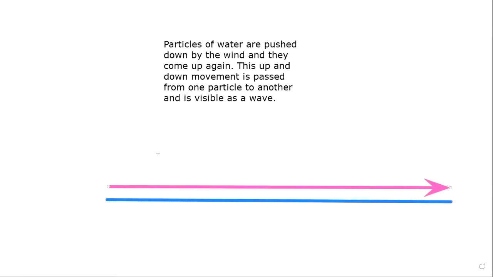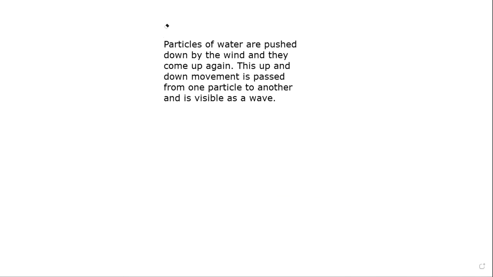Now what happens when the wind is blowing over the water surface? This water is getting pushed down. When the wind blows from top like this, the water is like this as of now.